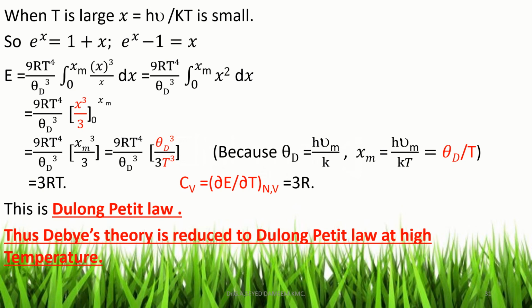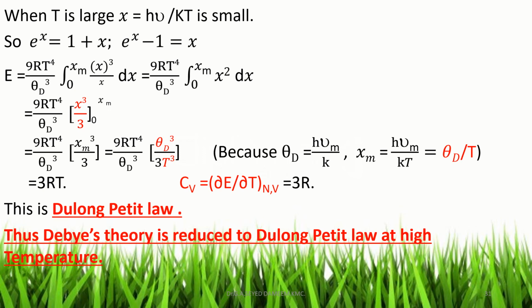And on applying the limits, the upper limit is xm and the lower limit is 0. Now the equation becomes 9RT power 4 divided by θD cube, applying the upper limit xm cube divided by 3, and the lower limit is 0.